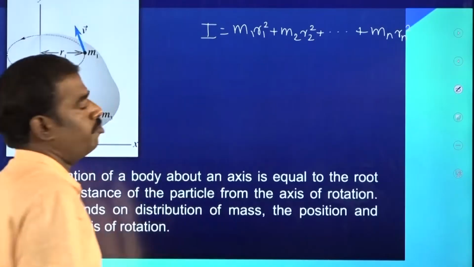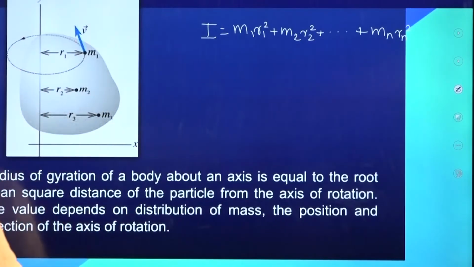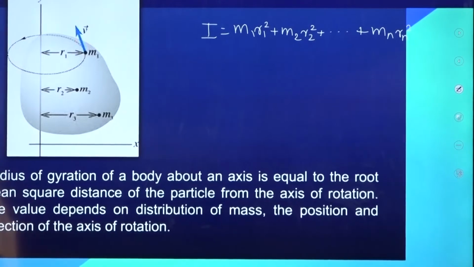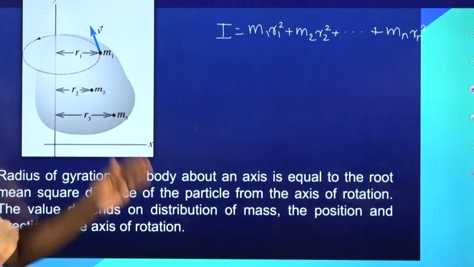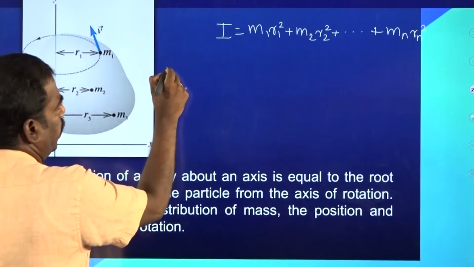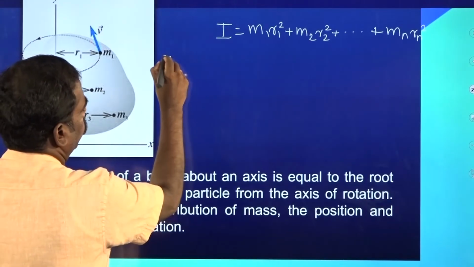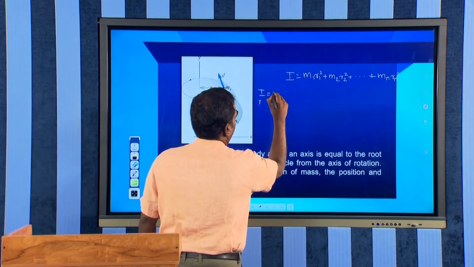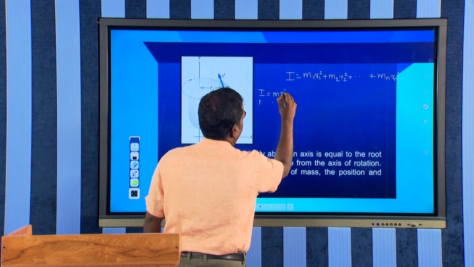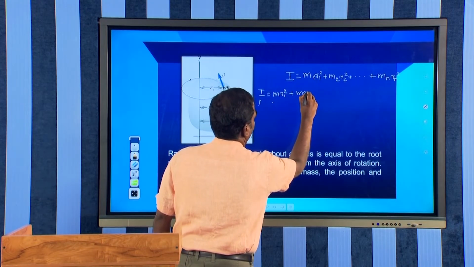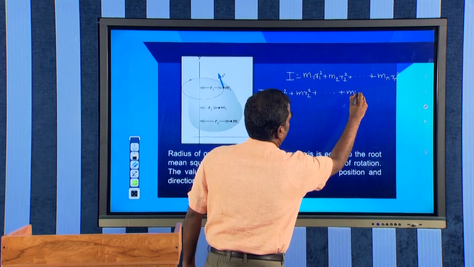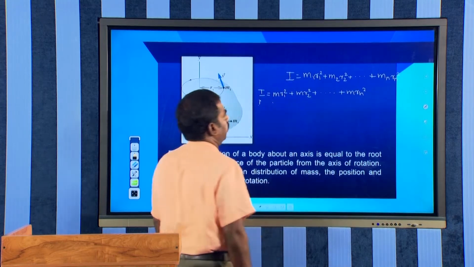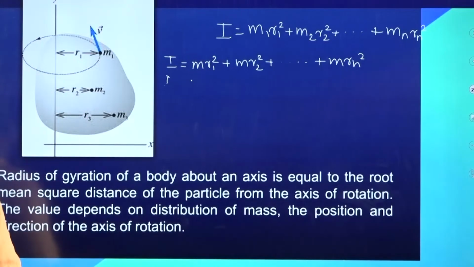The body consists of n number of particles. Here we are assuming that the particles have the same mass, so it is m r1 square. So, we can write I equal to m r1 square plus m r2 square plus etc. plus m rn square.